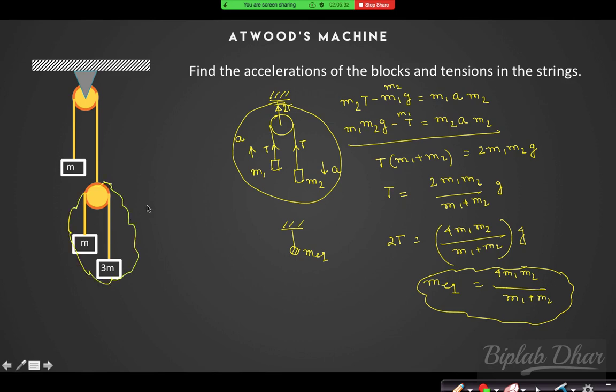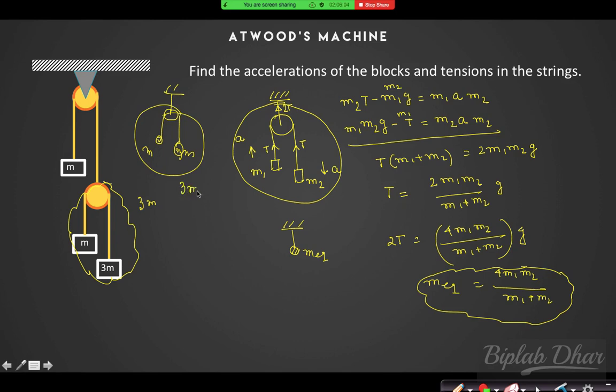Just calculate it. So 3m. Yes, it is 3m. Now the system has two masses. One is m, another is 3m. So what is the equivalent mass of this system now? Again 3m.